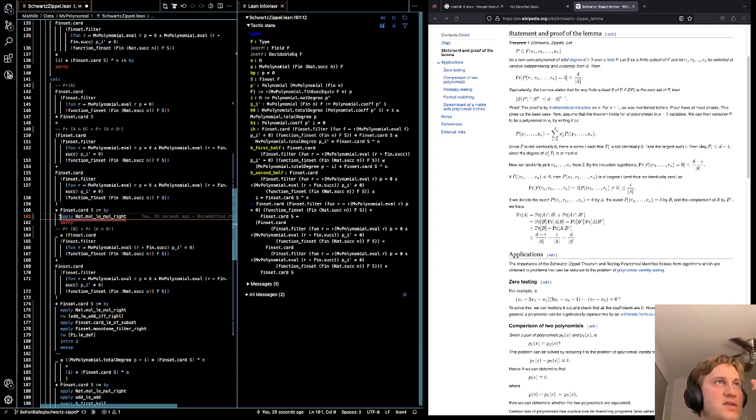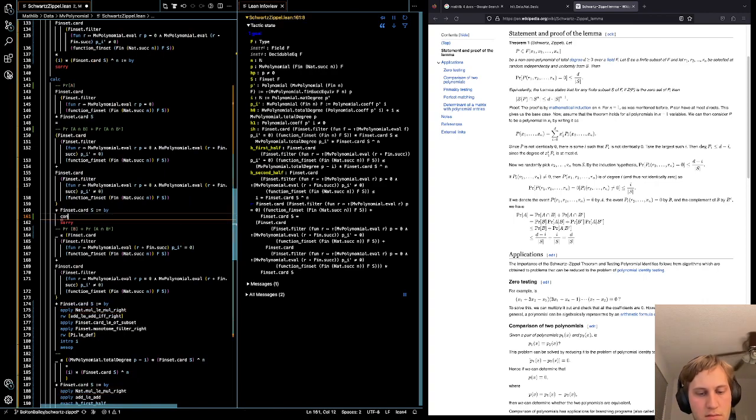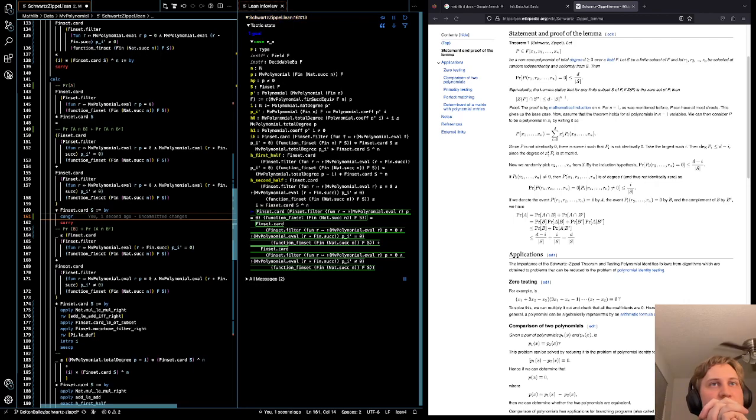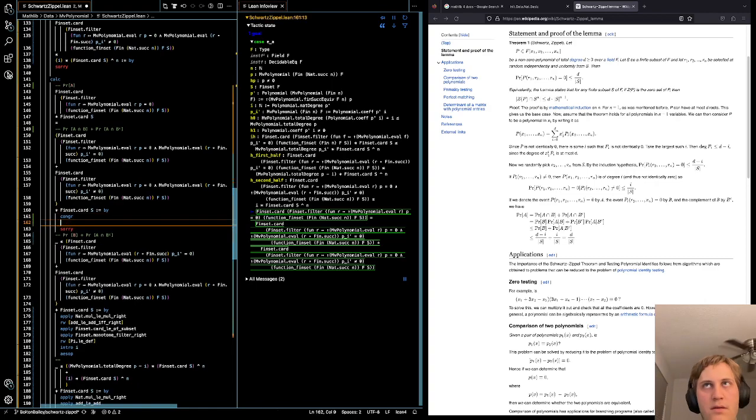Oh, so wait, this is just an equality, so I can actually do a conv. The cardinality of this is equal to the cardinality of this plus the... I feel like there should be some lemma about the cardinality of a disjoint union is equal to the cardinality of, except that I have no idea how to find that.